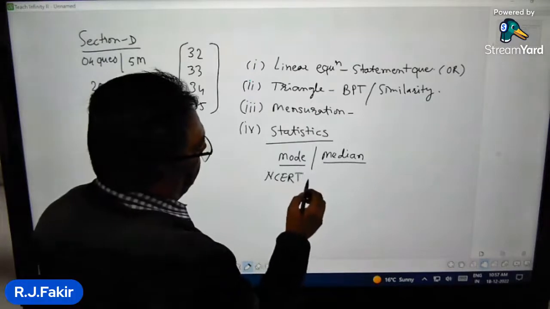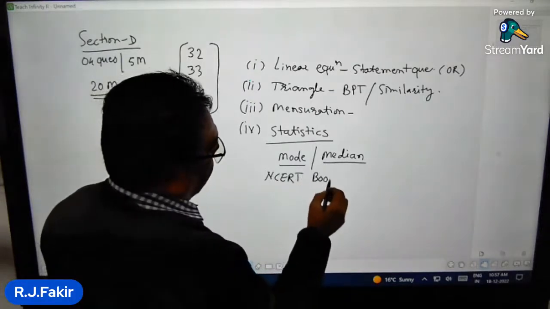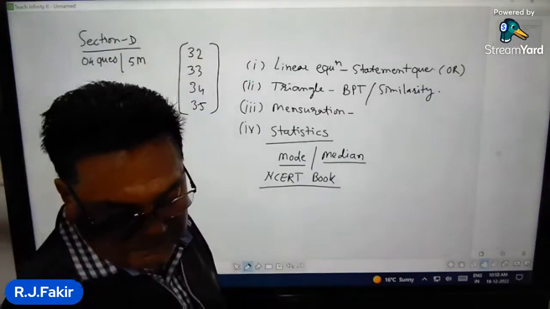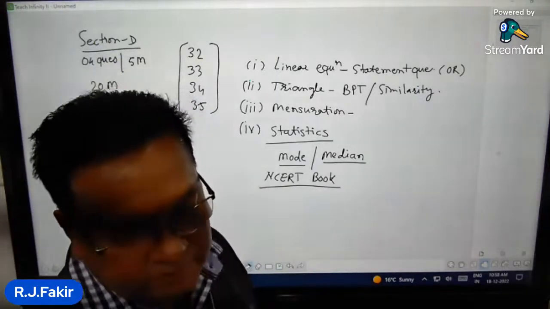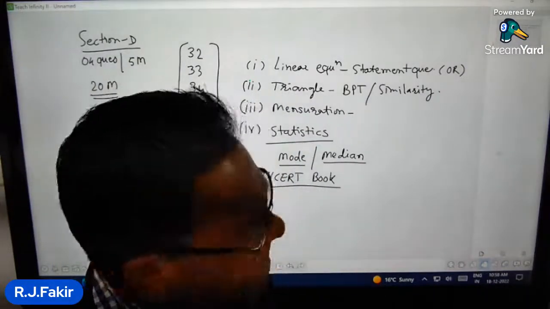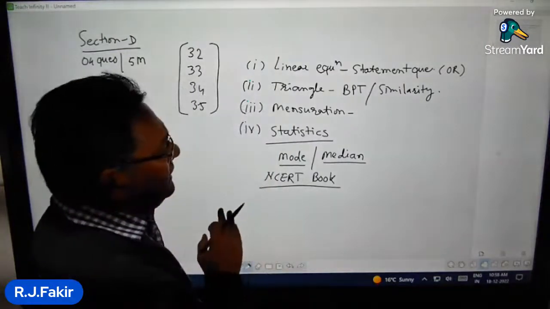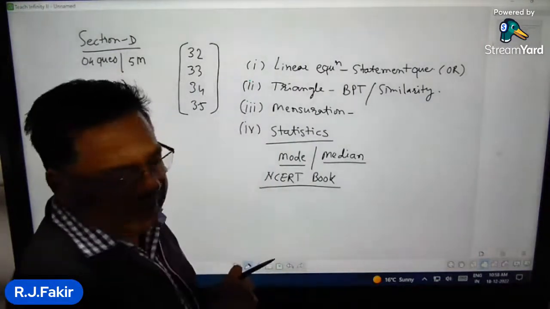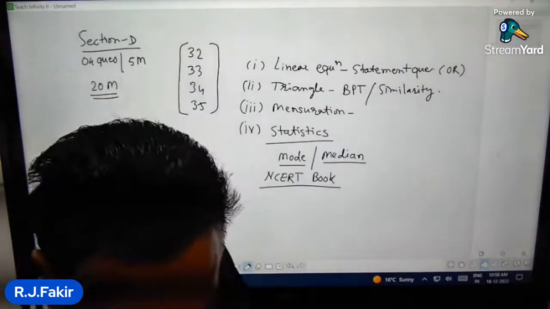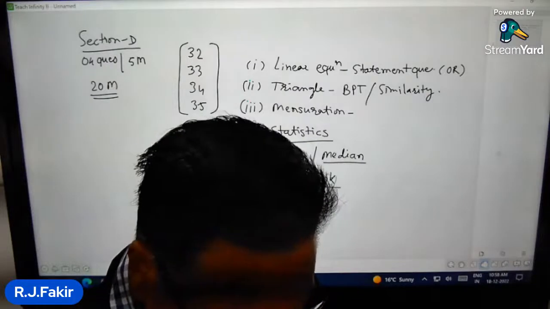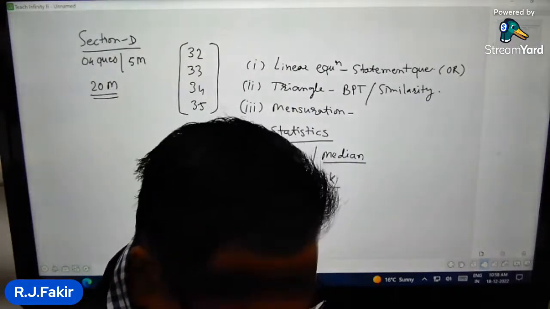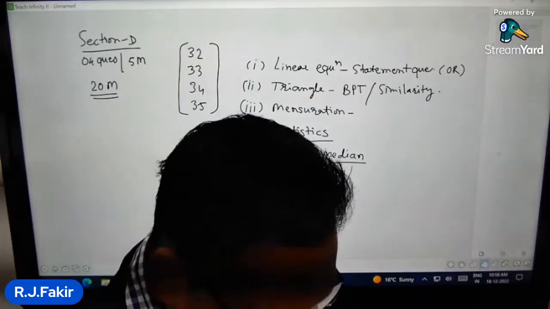Don't refer to any other book for formulas, and whatever symbols are there in the formula, you also learn them as it is. Try to take help from the NCERT solved examples, but the symbols used in the formula you should remember as it is. Don't learn any other confusing symbols which are there in other books.